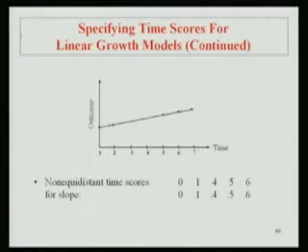So the non-equidistant time scores take into account that you were not able to measure each year. You may also have missing data to be concerned with, but at least you don't have to be concerned about it for this reason. So your time scores for your slope growth factor would be 0, 1, 4, 5, and 6. And always for eta sub 0, the time scores are always fixed to 1.